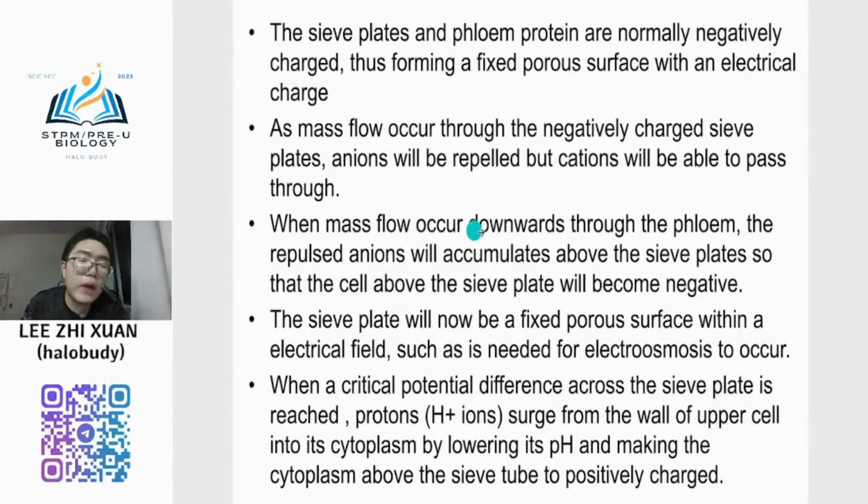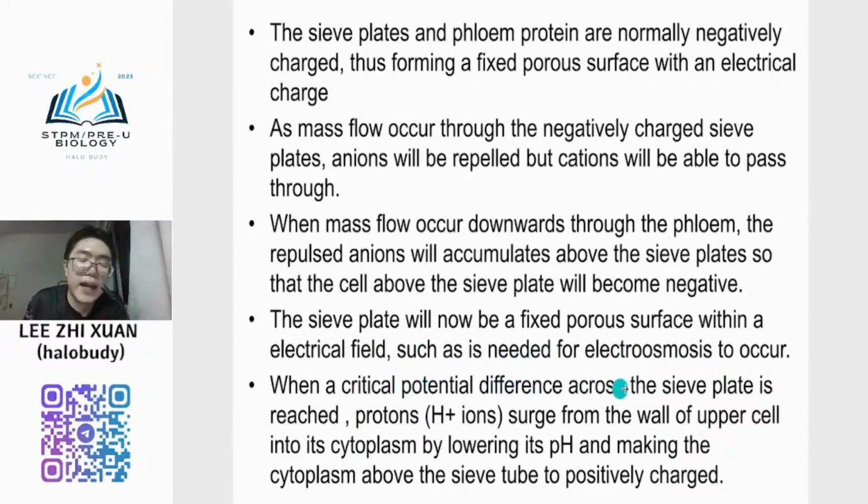When mass flow occurs downward through the phloem, the repelled anions will accumulate above the sieve plate, so that above the sieve plate becomes negative. And then the sieve plate is now a fixed porous surface within an electrical field, such as is needed for electroosmosis to occur.